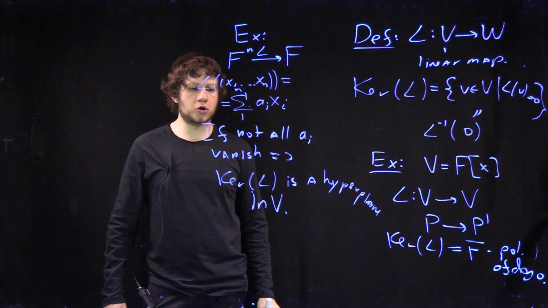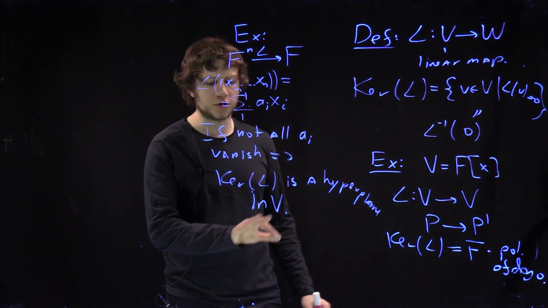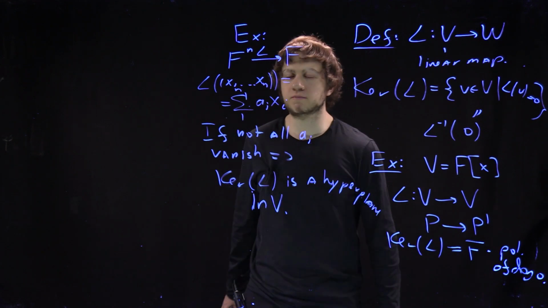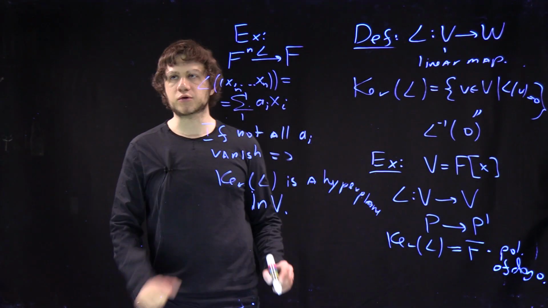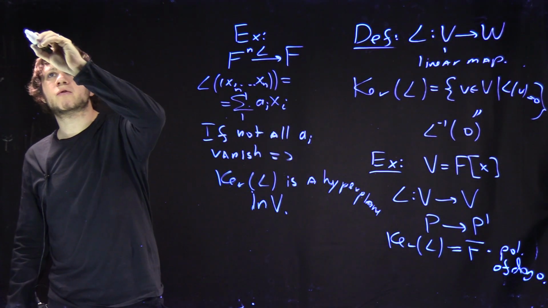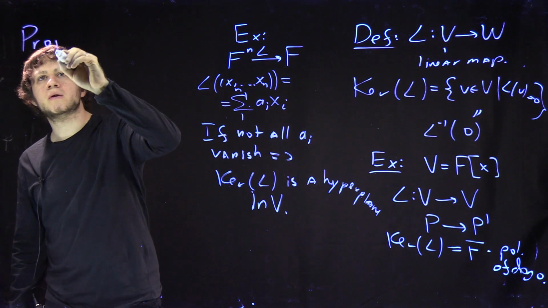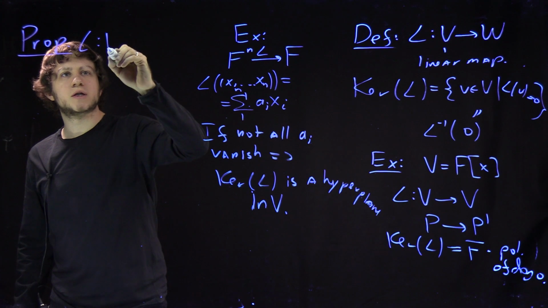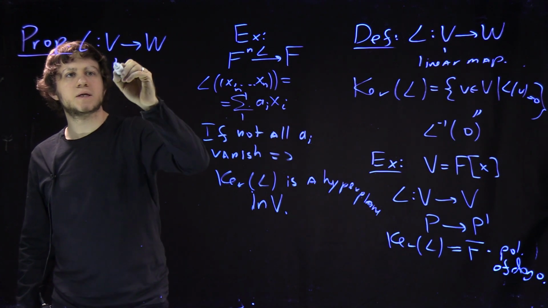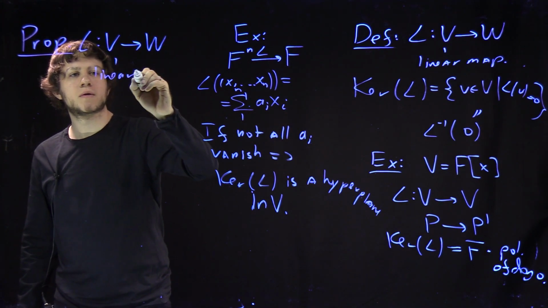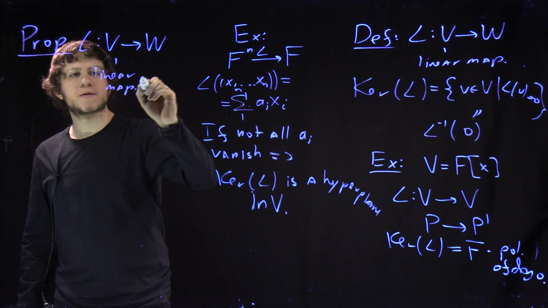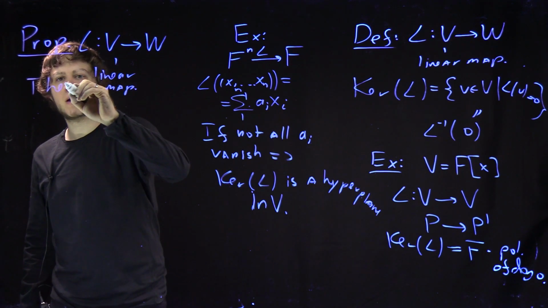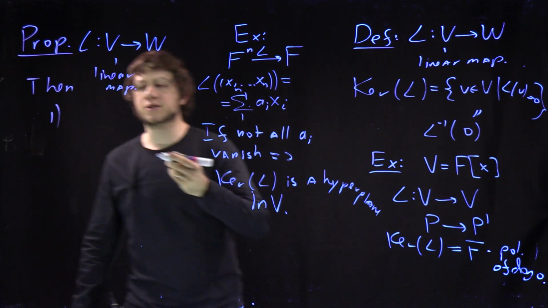Okay, so next there is a very important proposition, which is more or less trivial, about kernels. Let me formulate it here. Proposition: again, L from V to W is a linear map. Then two statements are true.